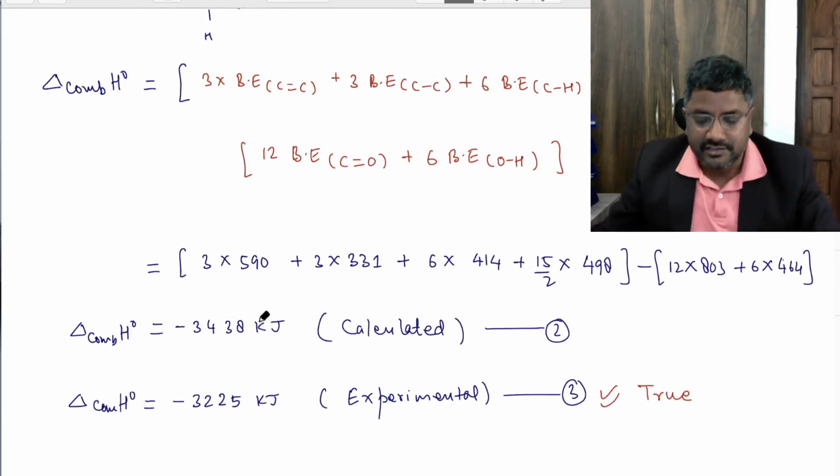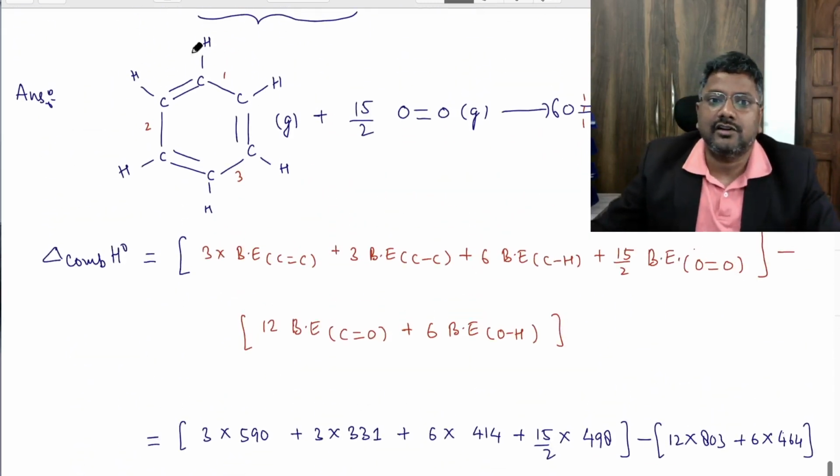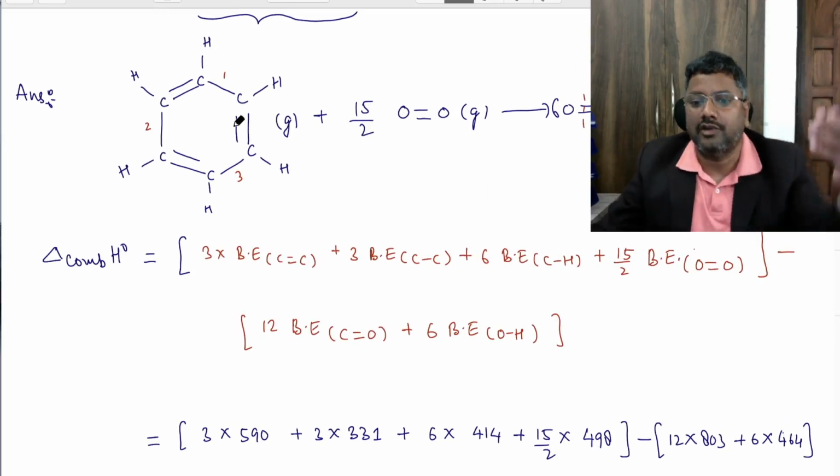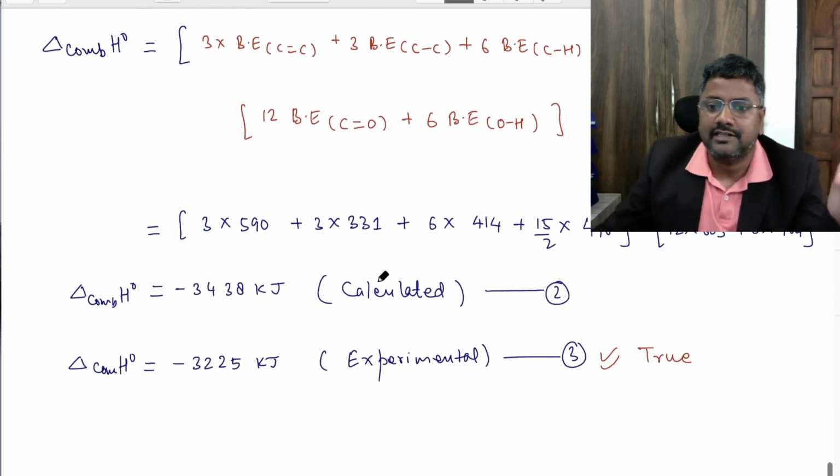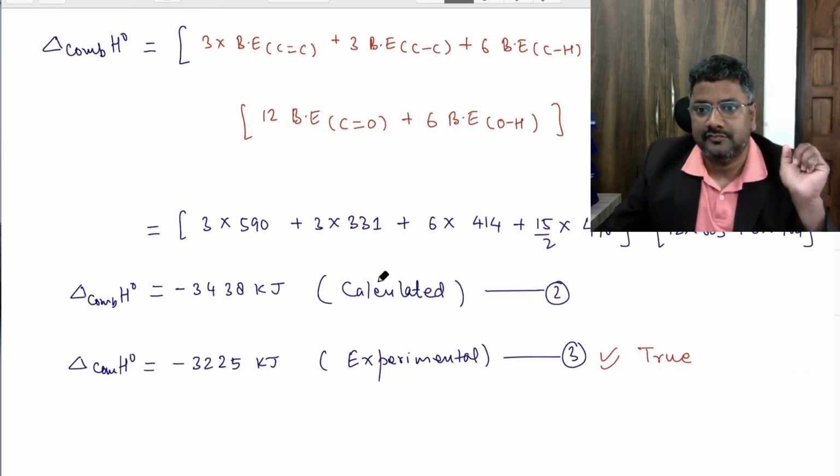So this data suggests that this is not the correct structure of benzene. It means that the C double bond C and C single bond C we are considering here are not actually in the real molecule. So this difference between the calculated and experimental value is referred to as the resonance energy, right?